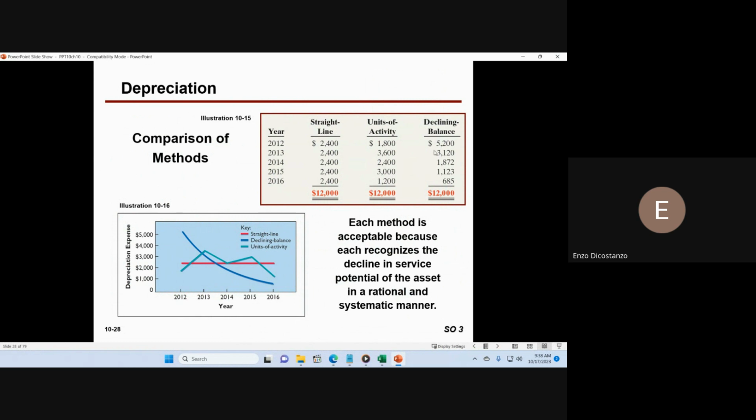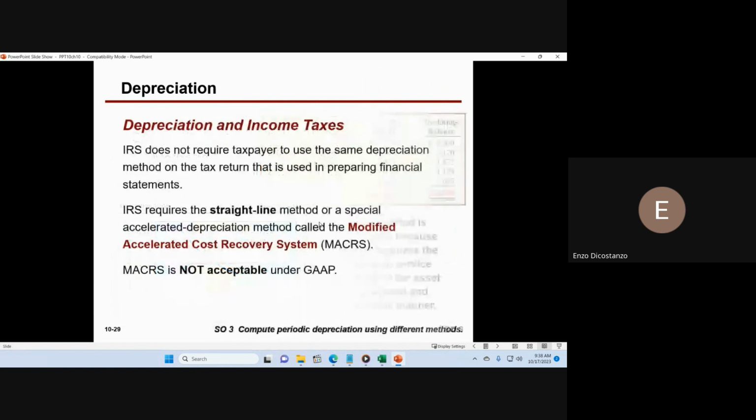This one just declines quickly, almost exponentially, that's the blue one, right? With an e to the negative x constant, and then a bit on the erratic side. But most of them are straight line. They also recognize the services of the asset in a rational, systematic manner.